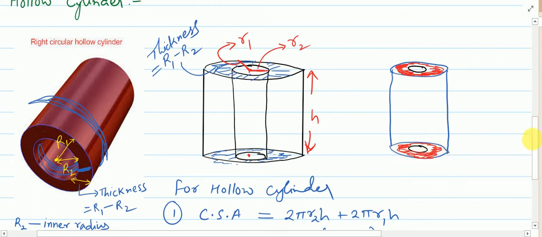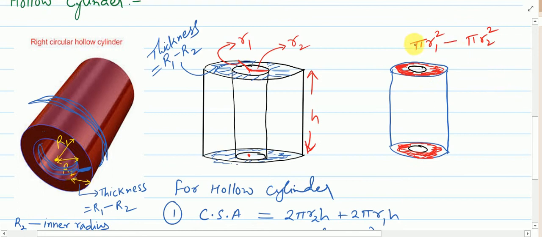Now if you see here, in order to find this shaded area, what we have to do? Firstly, we have to find the area of the outer circle. So outer circle area will be pi r1 square, and inner one is pi r2 square. So when you subtract the inner circle's area from the outer circle, you will get this shaded area.